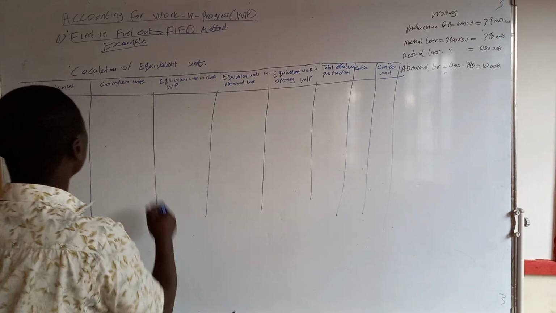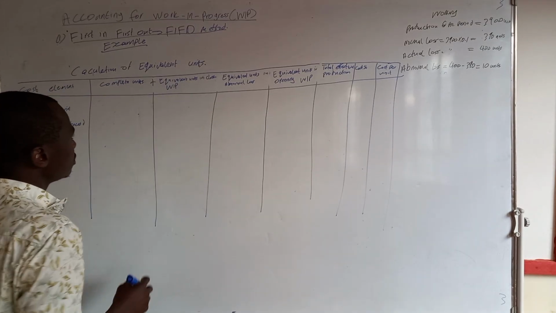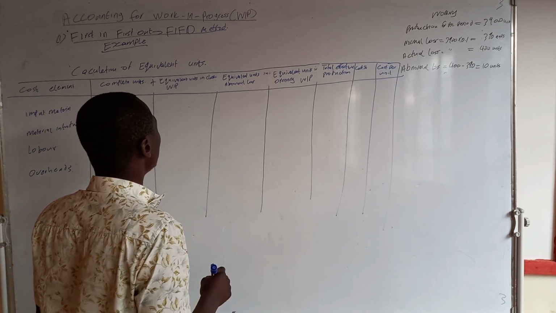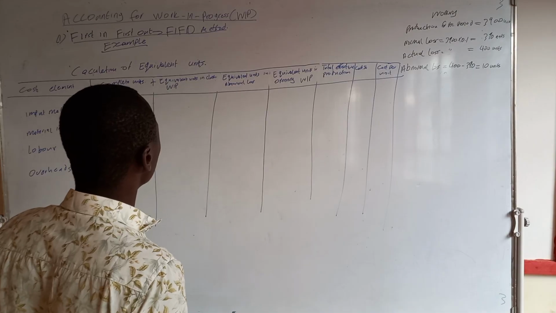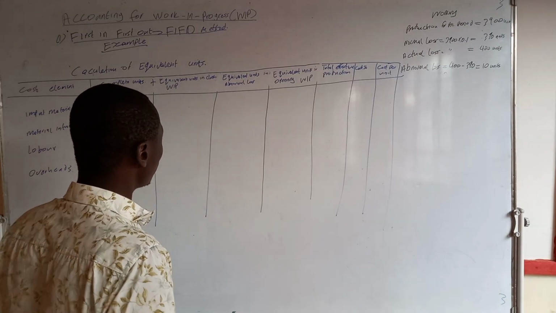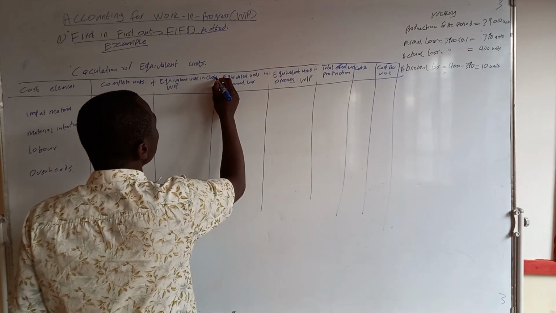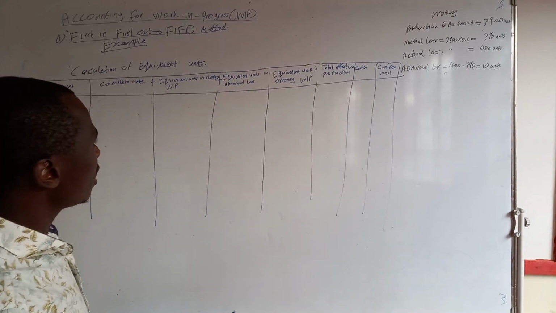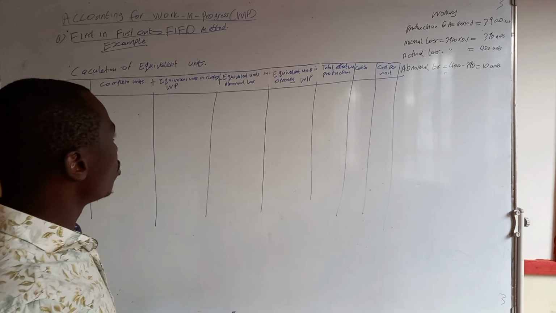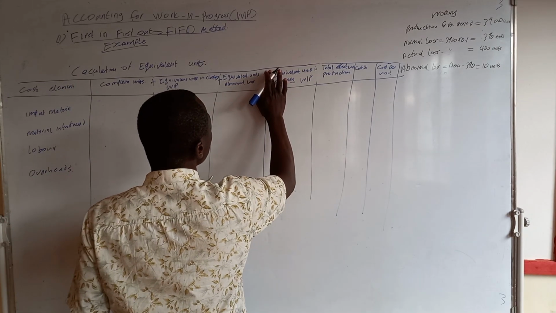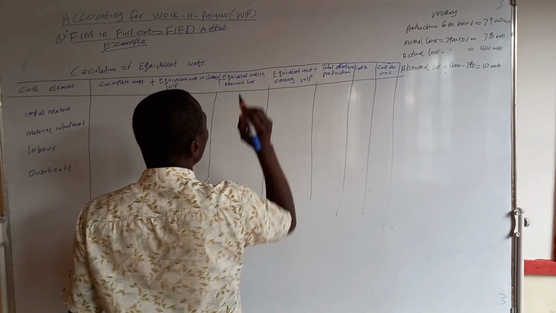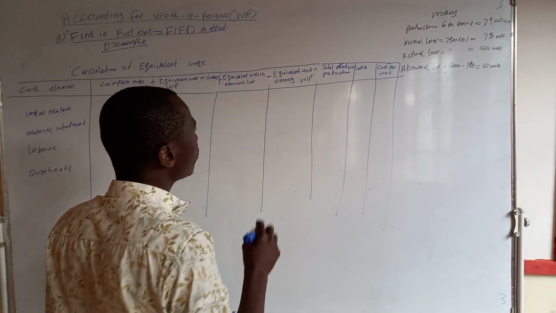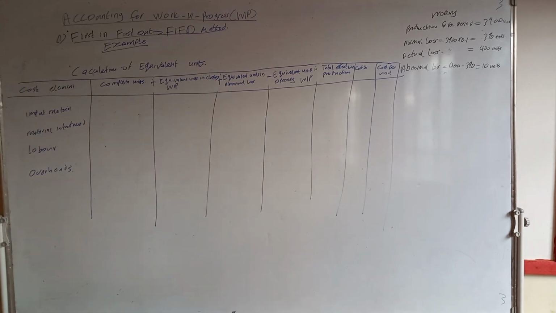It is complete units plus equivalent closing work in progress, plus equivalent units in abnormal loss, minus equivalent units in opening work in progress.